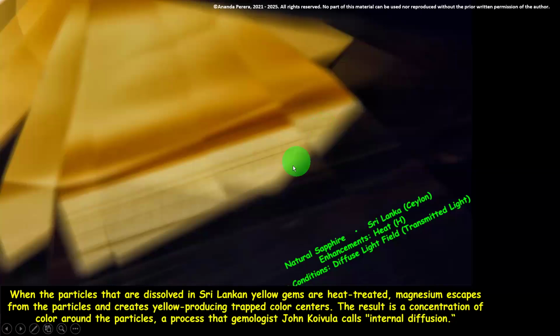This one also. Light field, diffuse light field is the condition. When the particles that are dissolved in Sri Lankan yellow gems are heat treated, magnesium escapes from the particles and creates yellow color, producing trapped color centers.